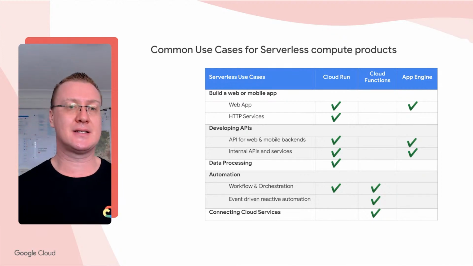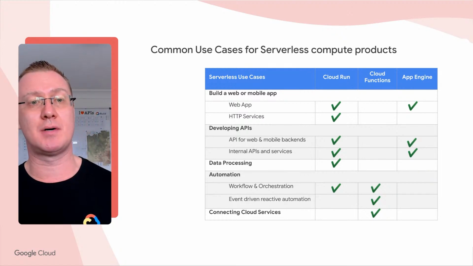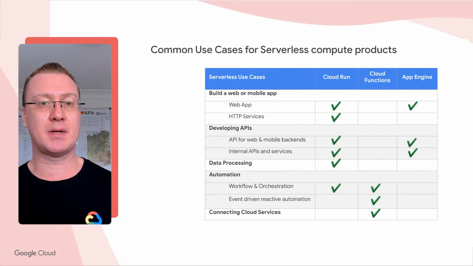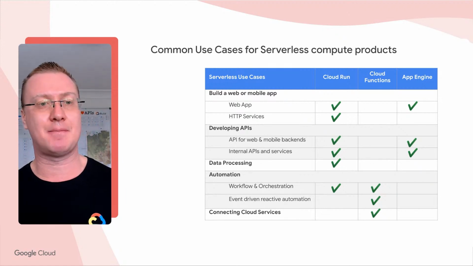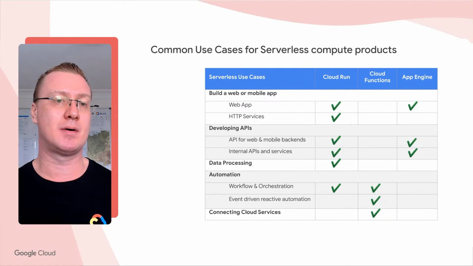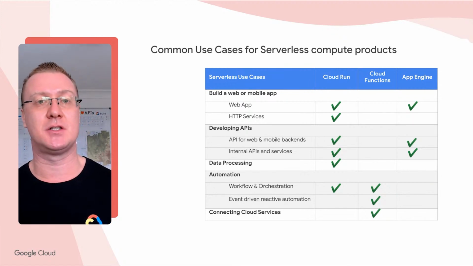Now, I guess if we consider developing APIs and having an API for both web and mobile backends, it's probably important to weigh up, do we need data processing as part of that, or are we just happy with API for web and mobile backends and internal APIs for services, in which case you'd maybe choose App Engine.